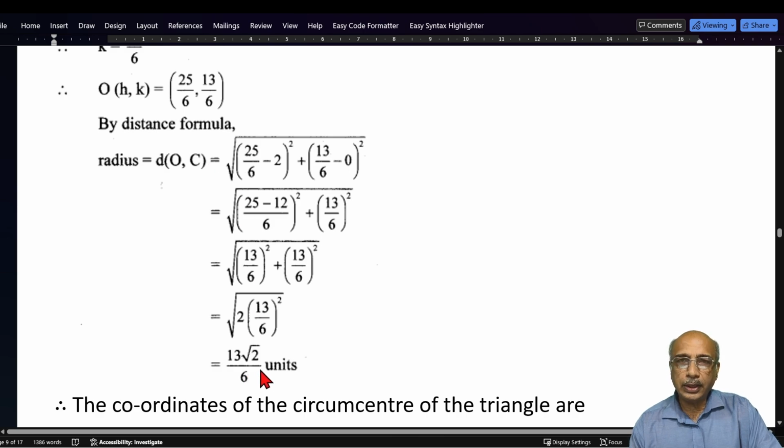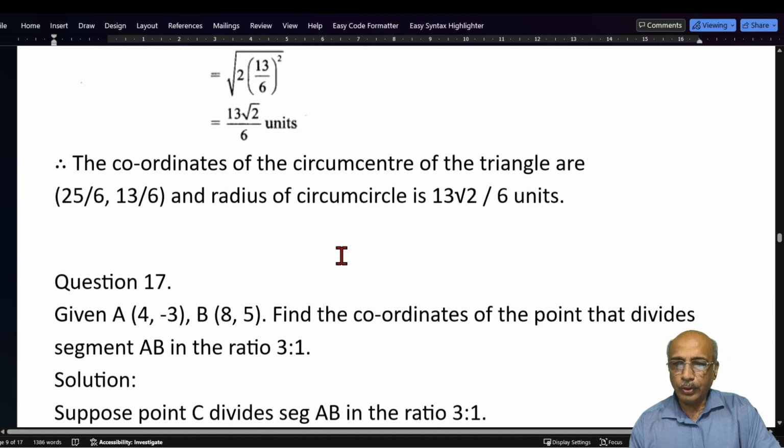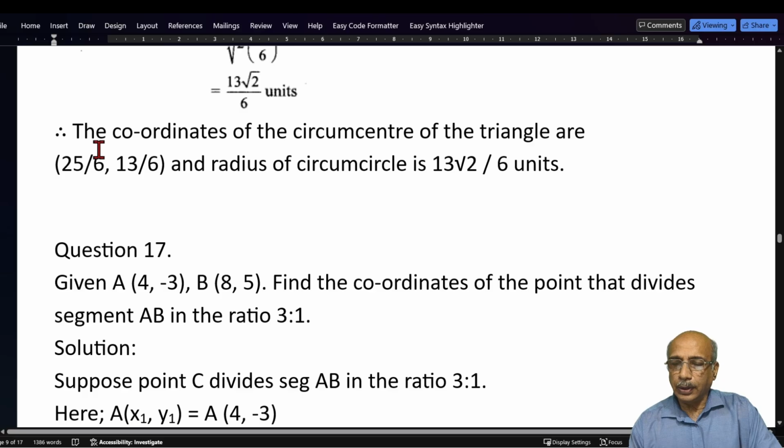You will get 13 root 2 upon 6 units. Therefore, the coordinates of the circumcenter of the triangle are 25 by 6, 13 by 6, and the radius of the circumcircle is 13 root 2 upon 6 units.